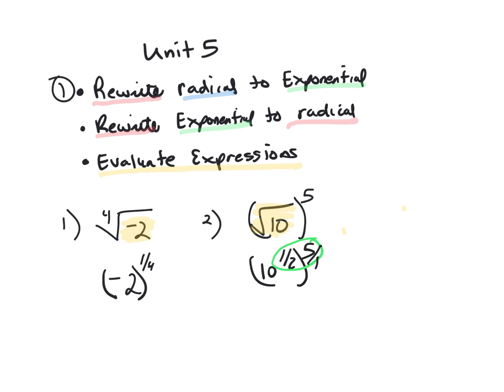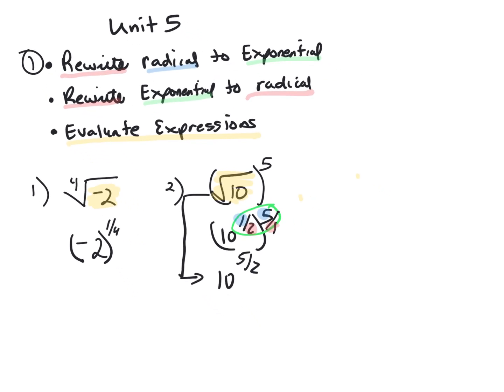Don't you put a 1 underneath that? Don't you multiply the numerators, and don't you multiply the denominators? So doesn't that give us 10 to the 5/2 power? So this in radical form could be written as 10 to the 5/2 power in exponential form.